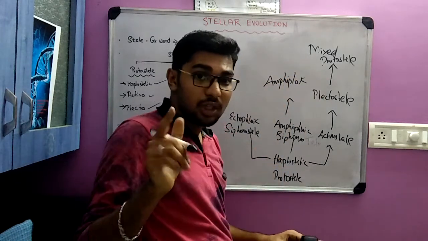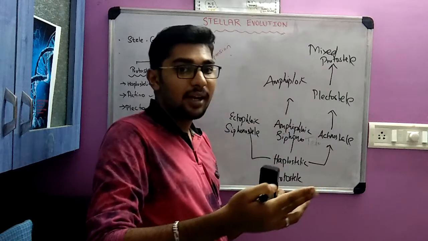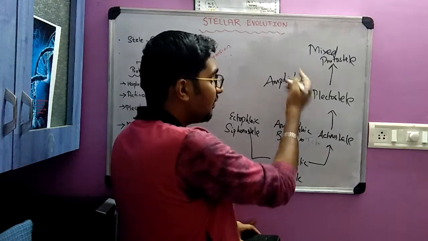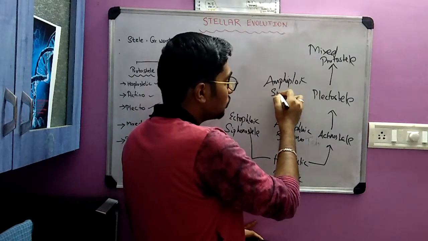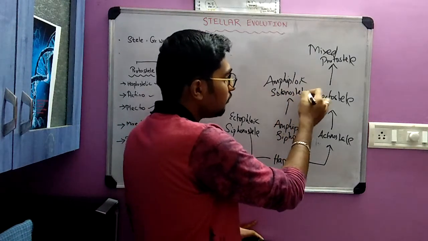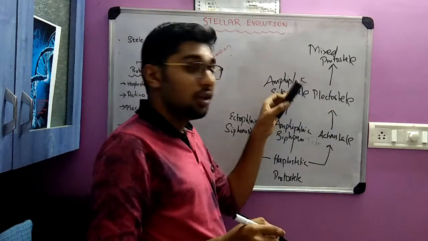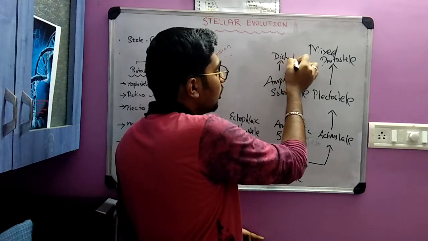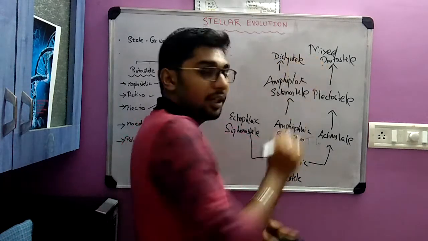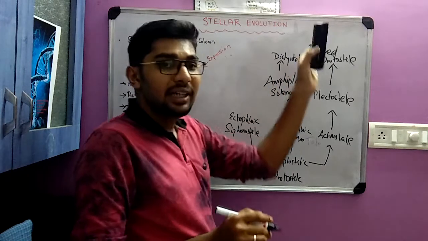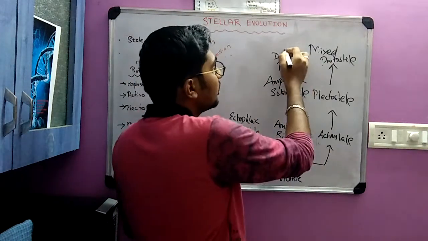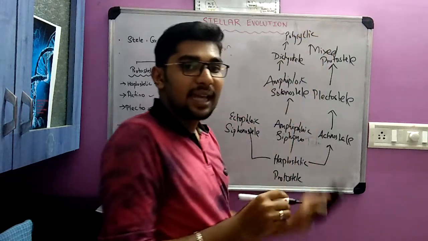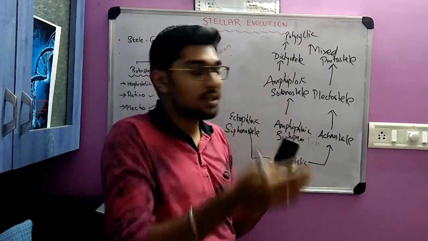I said it right, solenostele has only one leaf gap. It is further divided into ectofloic and amphifloic. And this amphifloic solenostele gave rise to dictyostele, and dictyostele gave rise to polycyclic stele. So you have many cycles over there.